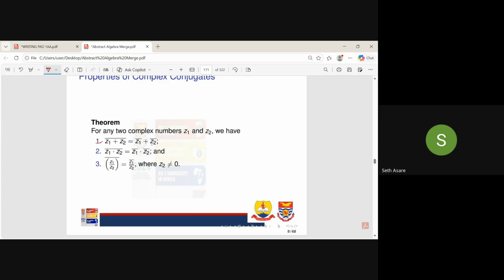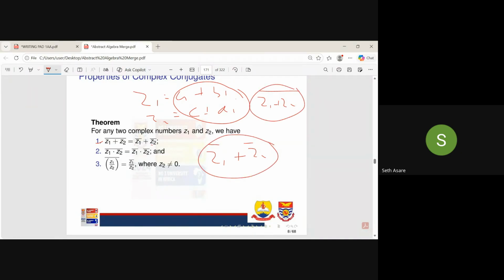If I have Z1 = a plus bi, then Z2 is equal to c plus di. When I add these two together and find their conjugate, that is the conjugate of Z1 plus Z2, it should be the same as the conjugate of Z1 plus the conjugate of Z2. This one should be equal to this.